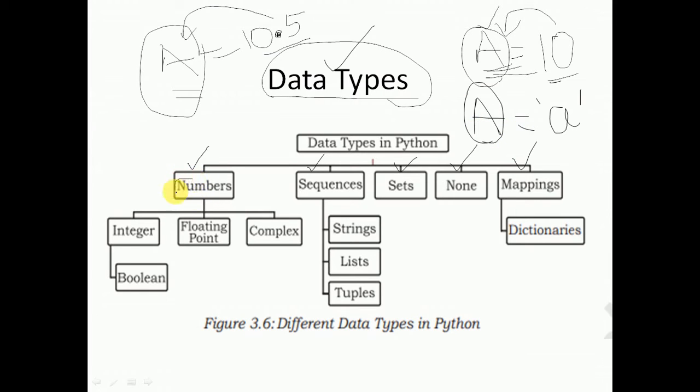Number data type is again divided into three types. First one is integer, then floating point, and complex number. This complex is all those complex numbers you use in mathematical operations, like a plus bi.